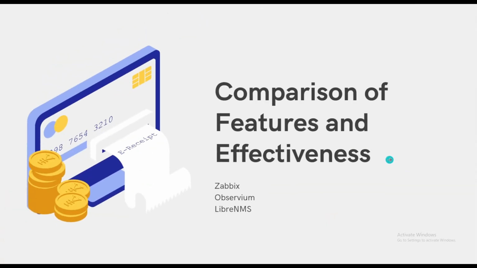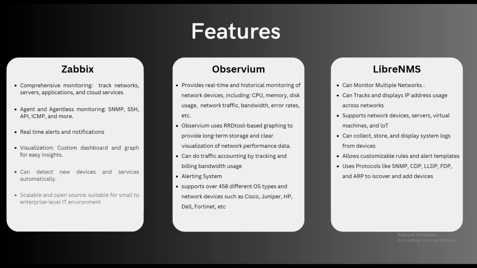Thank you. So we are going to get into the comparison of features and effectiveness between Zabbix, Observium, and LibreNMS. So for Zabbix, it is a comprehensive monitoring tool as it can track networks, servers, applications, and cloud services. It also provides agent monitoring with Zabbix agent and also agentless monitoring as it supports SNMP, SSH, API, ICMP, and more.